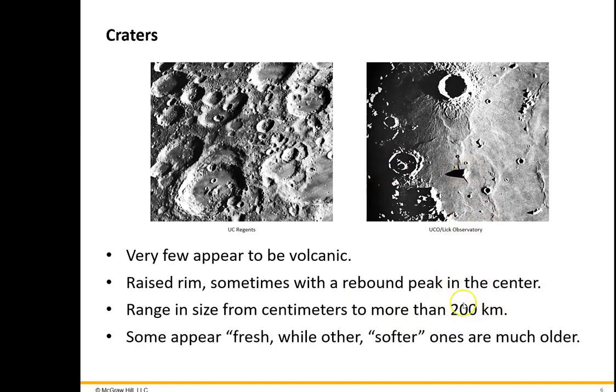In fact, one of the problems that we're going to do, I'll do this one a little bit later, is that humans, without the aid of telescopes or binoculars, cannot actually see the craters.